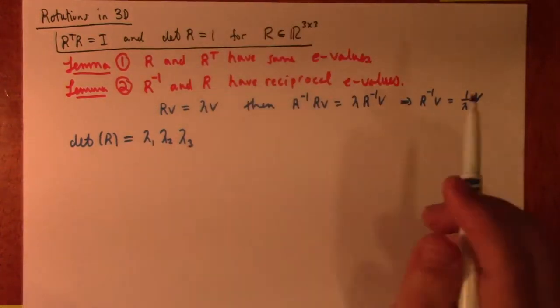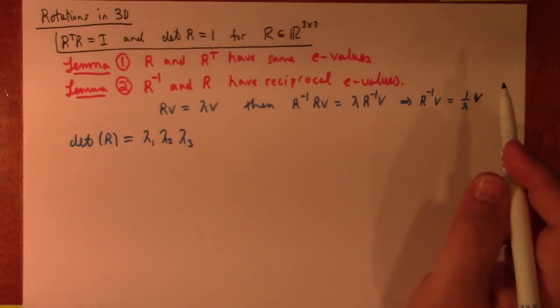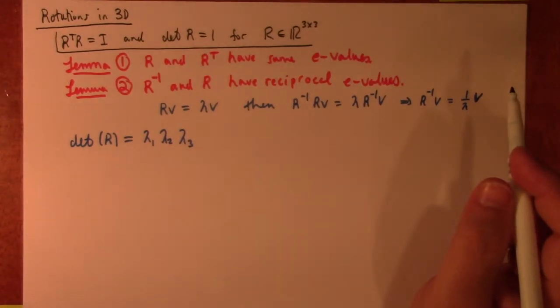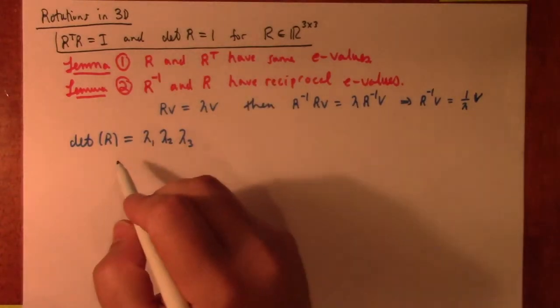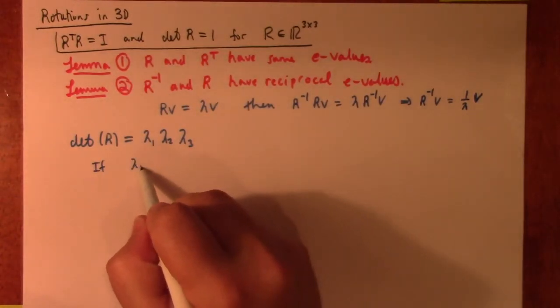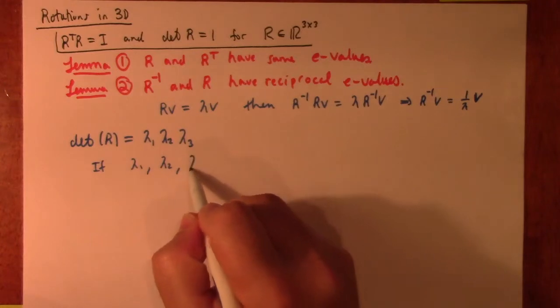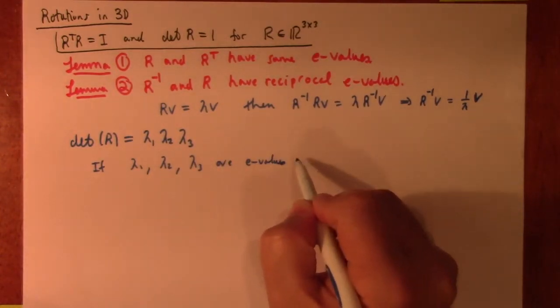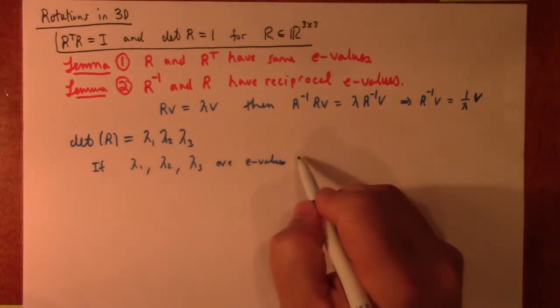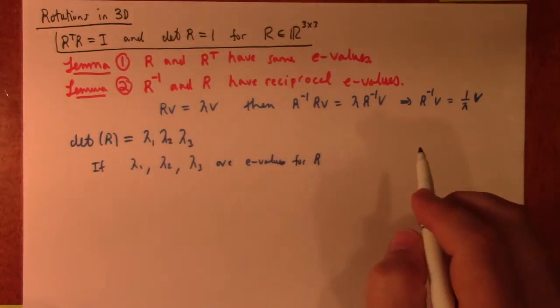But on the other hand, you also have that R transpose and R have the same eigenvalues. And let's see here. Well, I guess we could say this. If lambda 1, lambda 2, lambda 3 are eigenvalues for R, right?